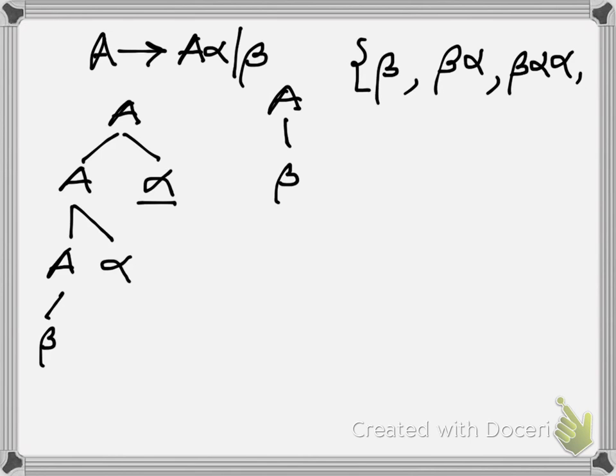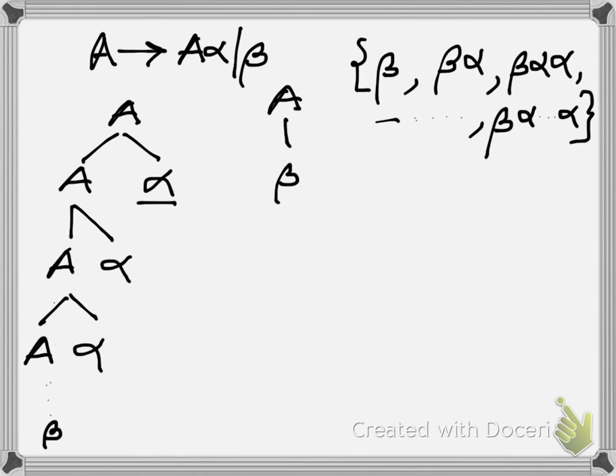Or again I may choose to expand this by using the production A alpha. So this can go on like this. Ultimately it has to end, so somewhere it will end with beta. So the strings that I get start with beta, followed by any number of alpha.